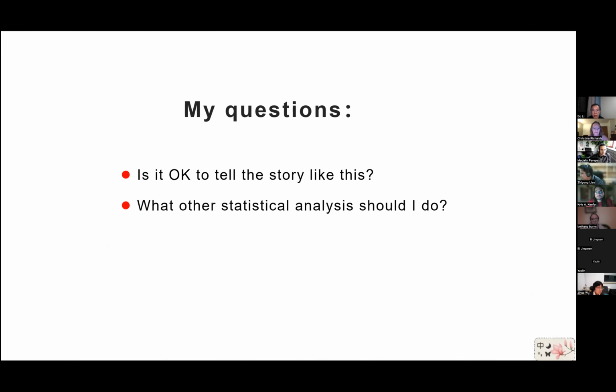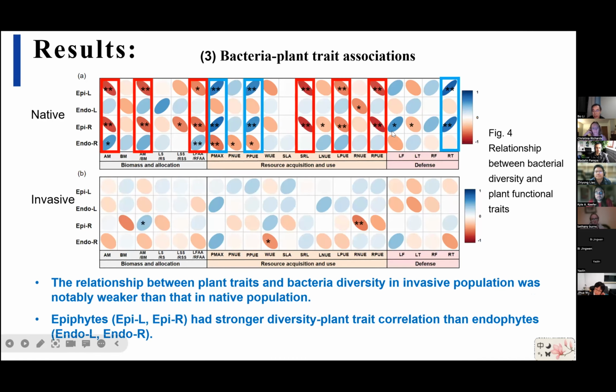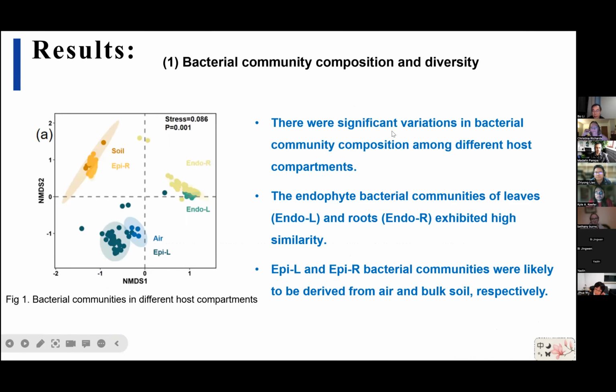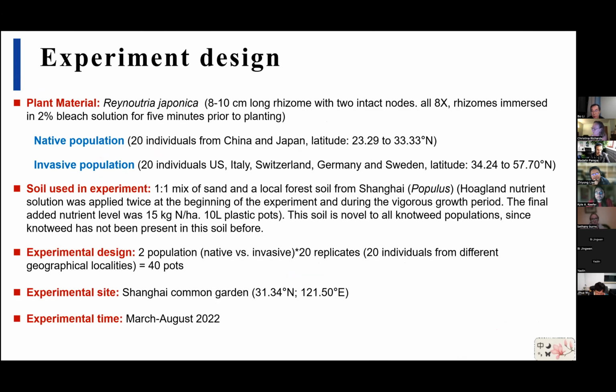Good. I have a few comments on your reports. Firstly, as we realized, the Japanese and the Chinese populations are different in many ways. The Japanese populations seem to me more similar to invasive populations, but quite different from Chinese populations.